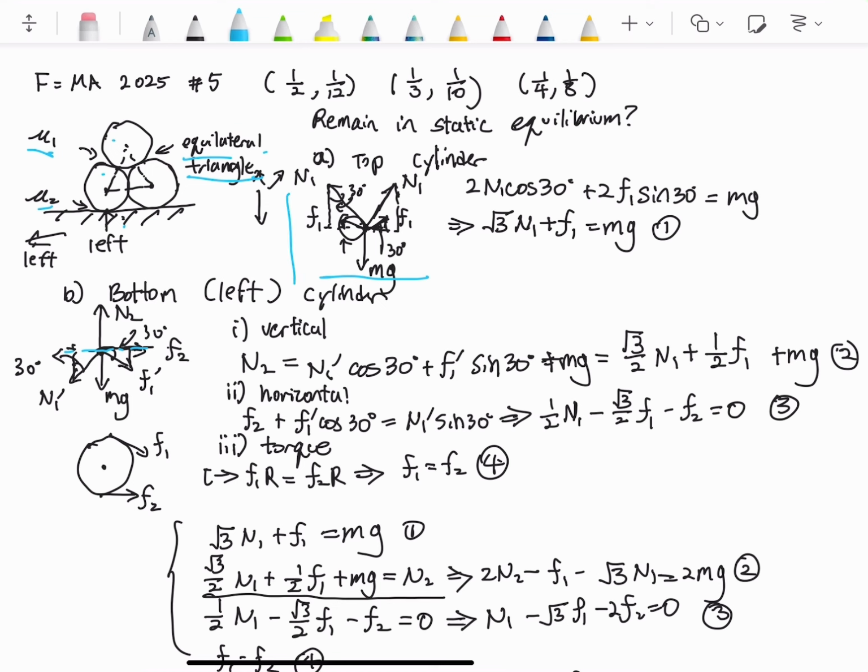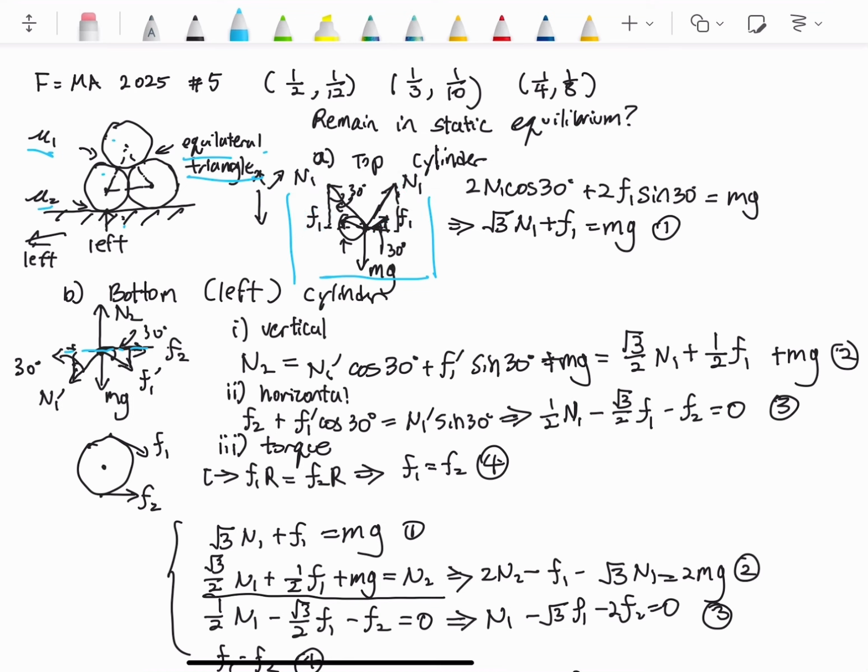It's drawn here. So we have the force of gravity, mg, and we have N1, which are the normal forces exerted on the top cylinder by the bottom cylinders, and the frictional forces are shown here.